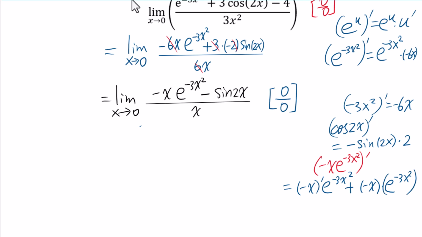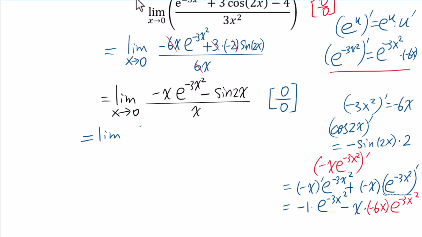squared plus negative x times e to the negative 3x squared prime equals negative 1 times e to the negative 3x squared minus x times e to the power of negative 3x squared prime, which is here, negative 6x times e to the negative 3x squared.